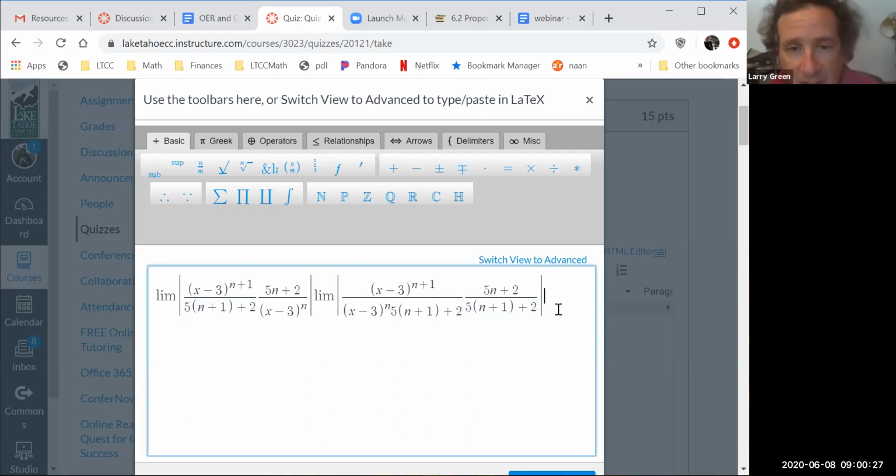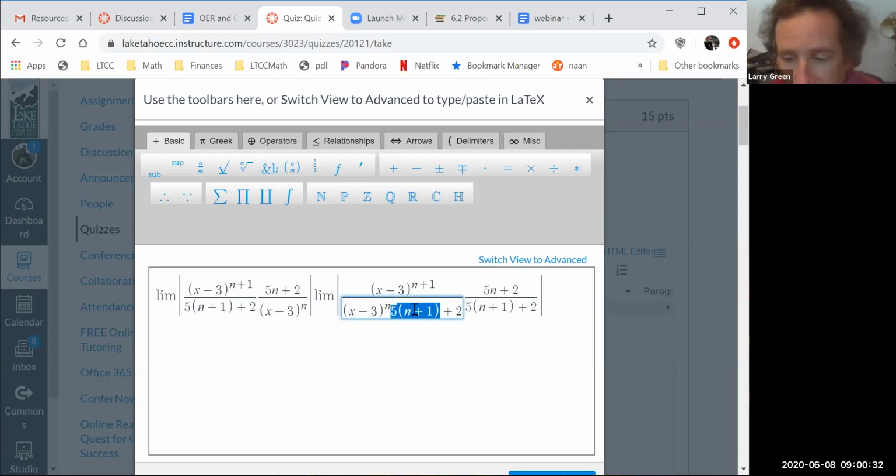That's standard with the ratio test: you always want to put terms where they belong. And then I have to get rid of that.